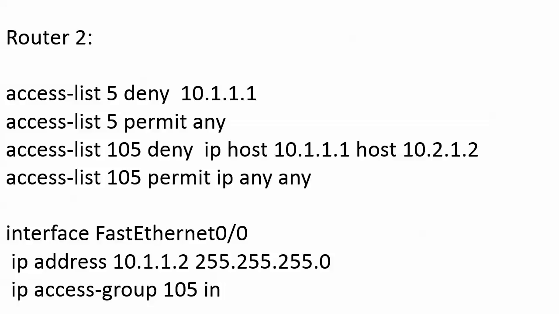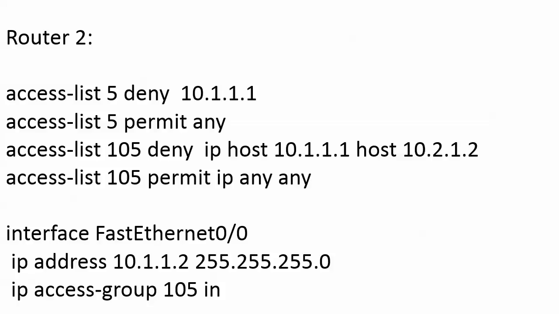Here we're using the word host, which means this particular IP address only. With access list 105, deny IP, and then host 10.1.1.1, what is that host 10.1.1.1 referring to? See, I'm hitting you with all kinds of questions today. Host 10.1.1.1 refers to the source IP address. Host 10.2.1.2 refers to the destination address.